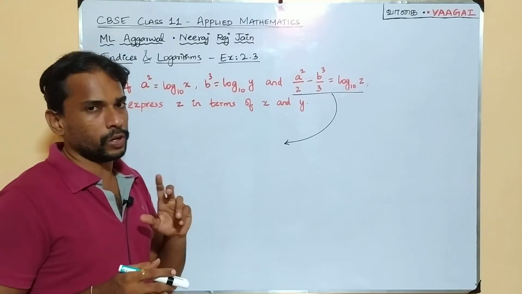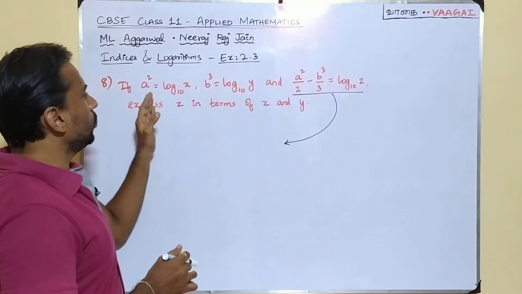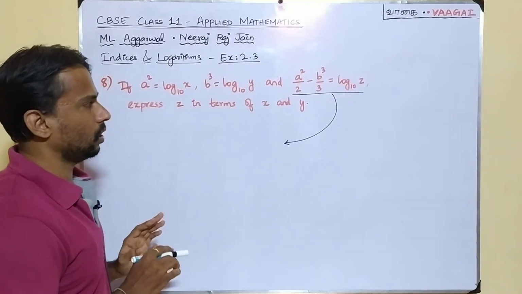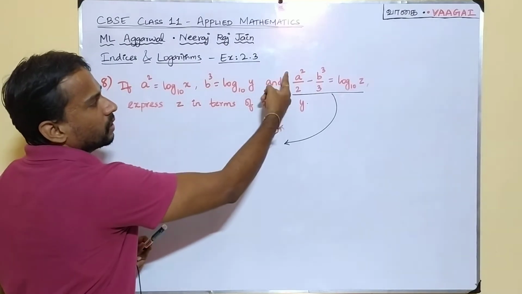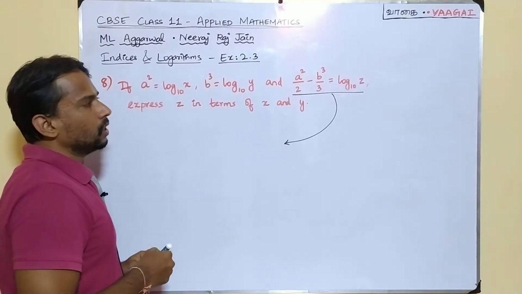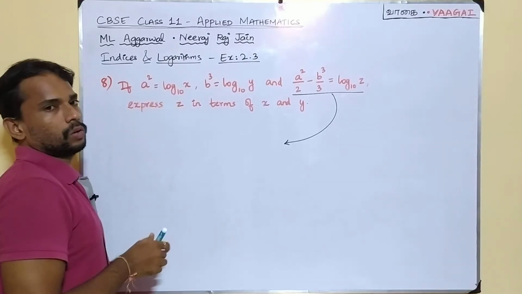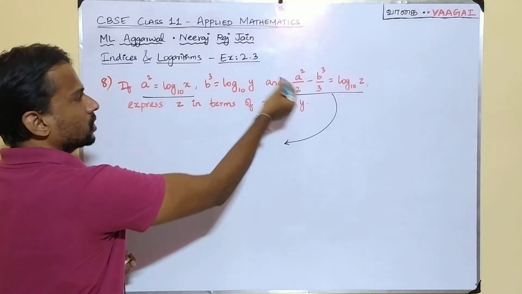Let me repeat what I am going to do. Here we have a square and here we have b cube. We are going to substitute these expressions here. That's it. This is what we are going to do here, right? Okay, fine. Yes. Now we have here a square by 2, correct? So here in the place of a square, let us substitute this expression. We have a square is equal to log x to the base 10, right? So let us just substitute it here.